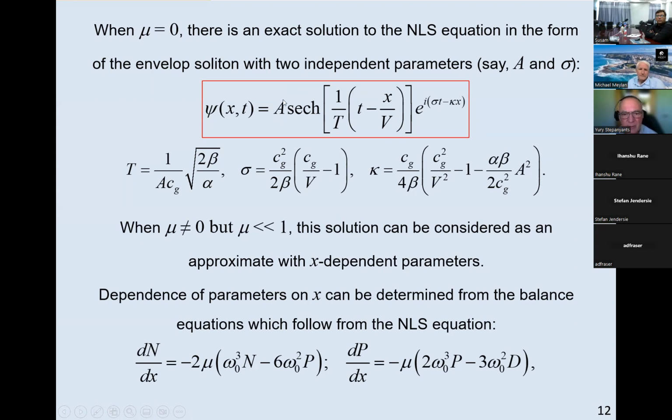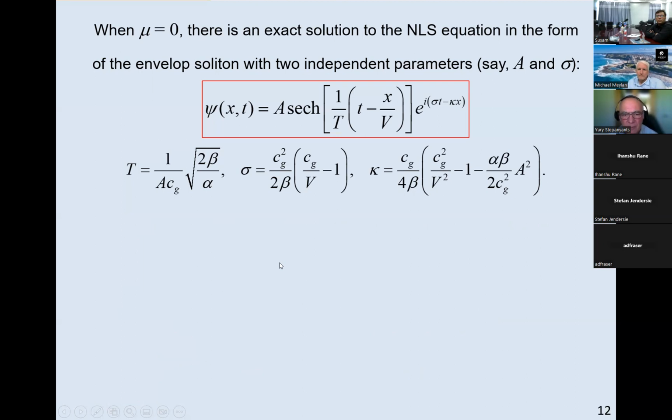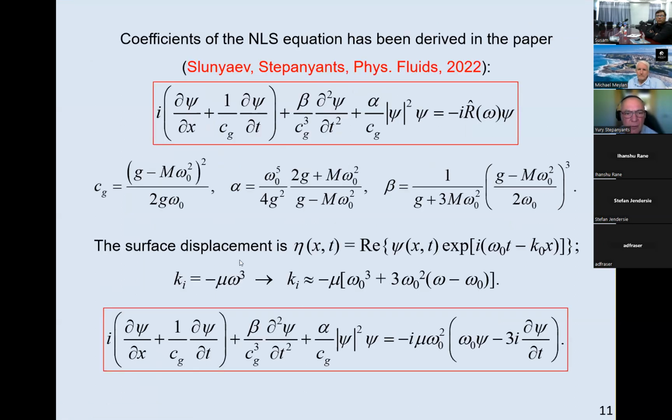To obtain the dependence of these parameters on distance, we can use the balance equations. The nonlinear Schrödinger equation has a number of balance equations. The simplest of them is when we multiply this equation by psi complex conjugate.